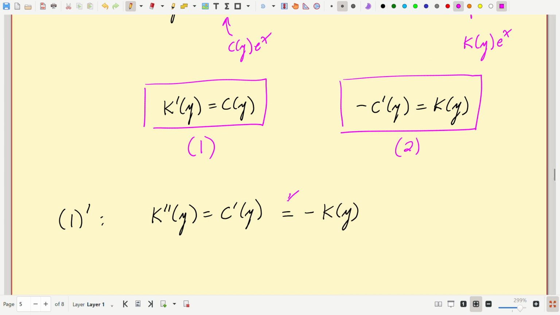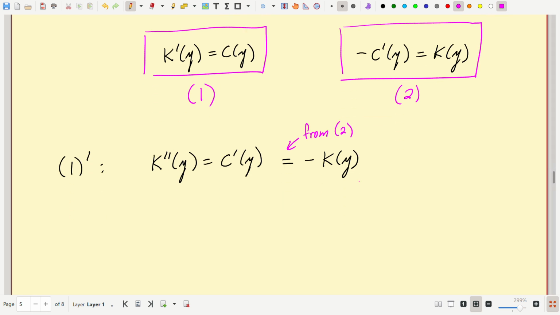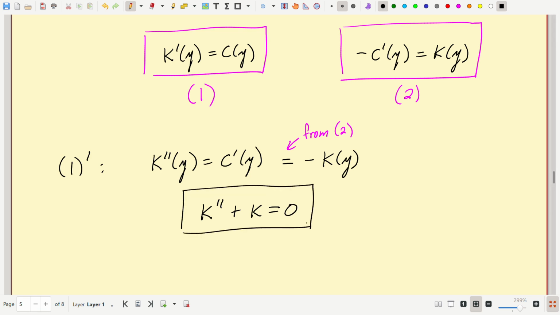And so I get a second order ODE for the k's. k double prime plus k is 0. That's a famous second order constant coefficient, simple harmonic motion kind of Hooke's law thing. And so we get from this that k of y is a cosine y plus b sine y.